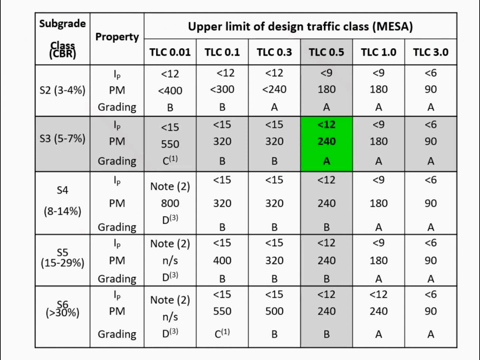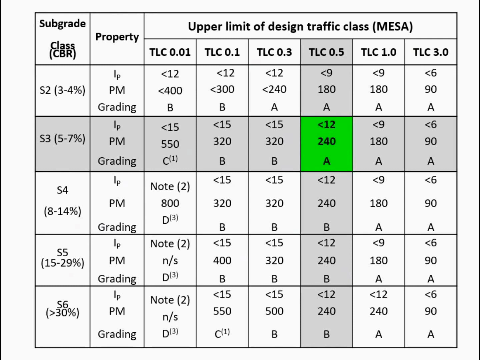If you recall from earlier in this talk, the subgrade strength for design was 6.6% CBR, and the traffic level is 0.45 million standard axles. So there in the middle of the lookup chart are the specifications that we need for the road-base material. The plasticity index needs to be less than 12.